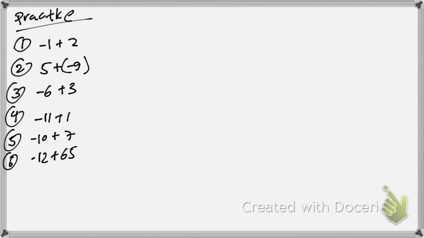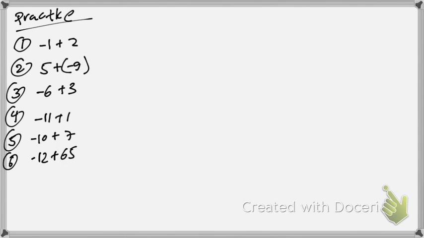Alright, so 6 problems. I'll do one together. I'll show you guys the steps to take for it. For each of these problems, I want you to circle the greater number, ignoring the signs, because I know all positive numbers are greater than negative numbers, right? But ignoring the sign, just which one's bigger.